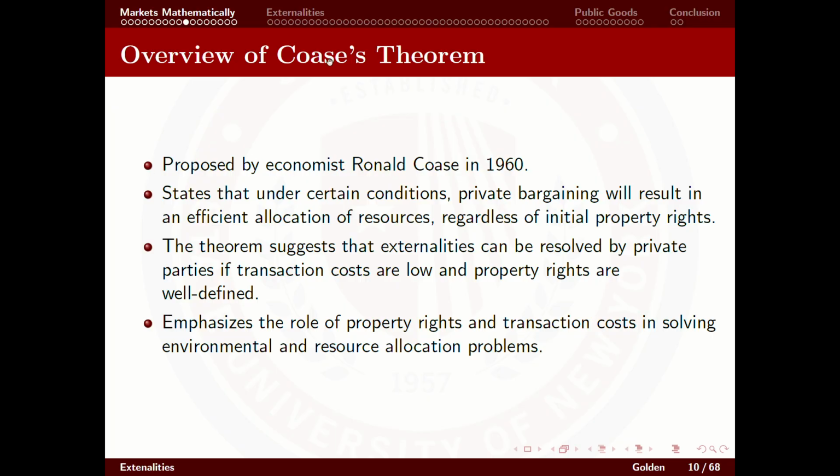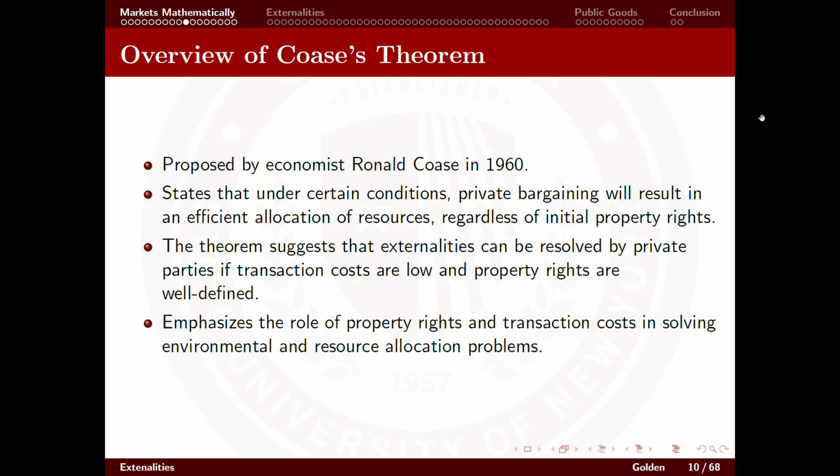Coase's theorem is an interesting point about equilibrium, and it's very important in environmental economics. It states that under certain conditions, private bargaining will result in efficient allocation of resources regardless of the initial property rights.